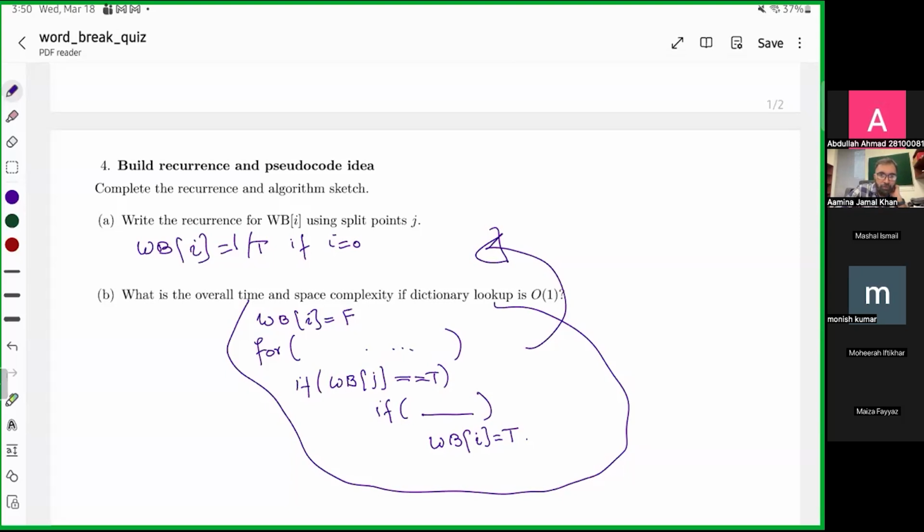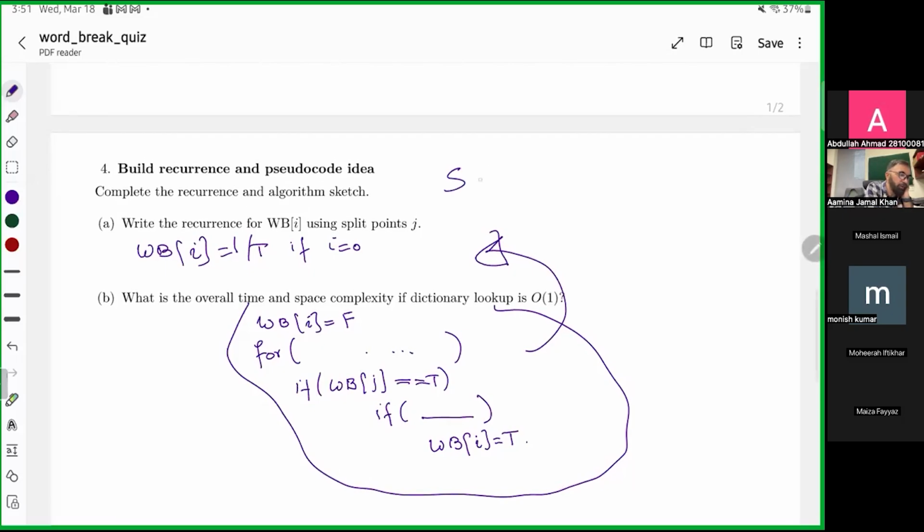What does the question essentially ask for? It says, how am I going to recursively compute WBI? The remaining part is just a hint. It says that you have to use split points J. Okay, so you have this string S, and let's say this is somewhere I, और यहाँ पे आपने WBFI compute करना है.